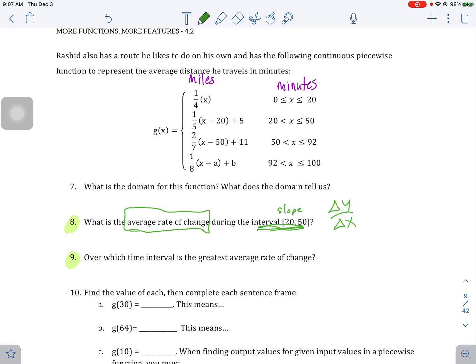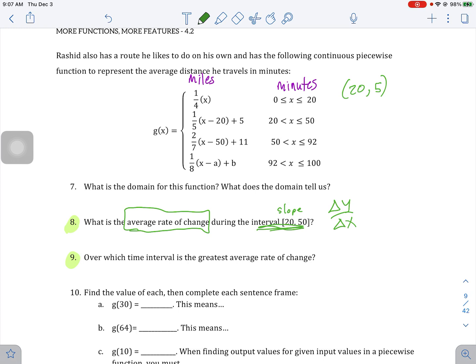So first we have to figure out at 20, what is the value, or what is the number of miles, and these are miles in minutes. So at 20 minutes, you can see from the point slope, x minus 20 plus 5, there is a 5 value.